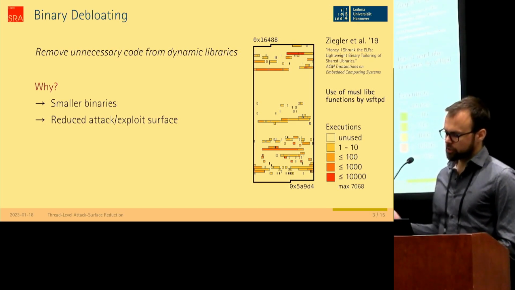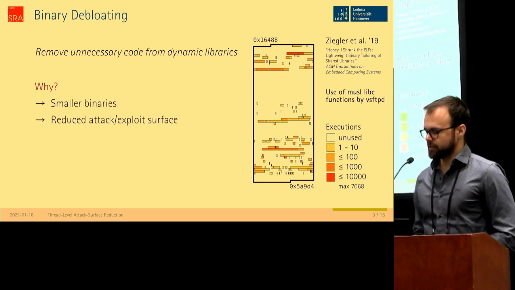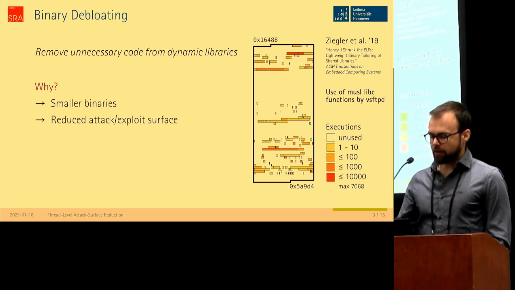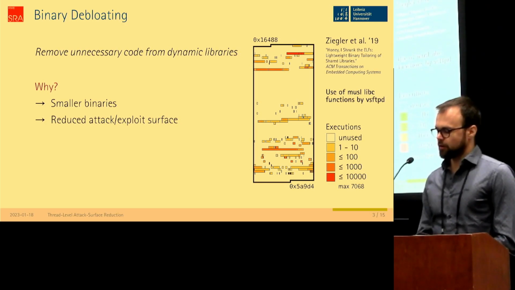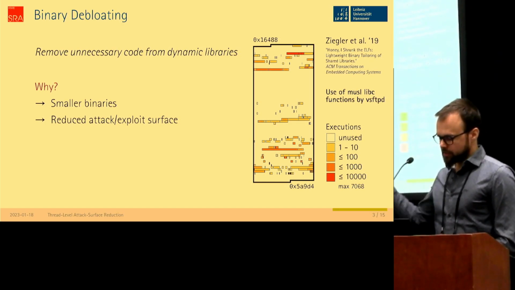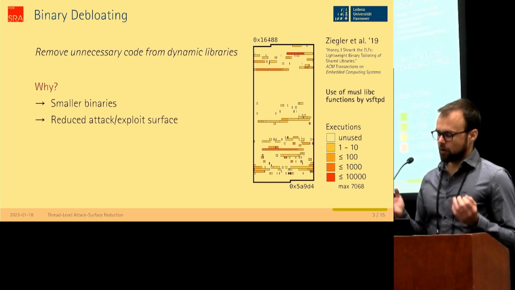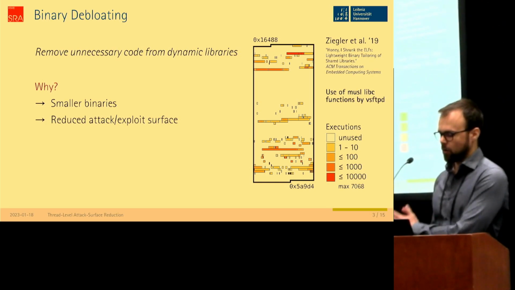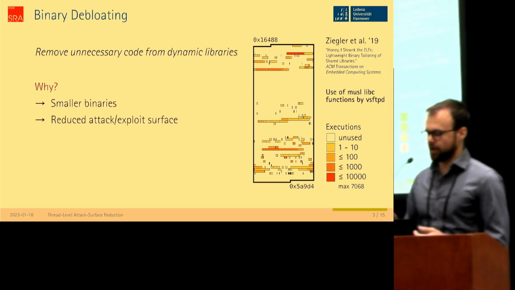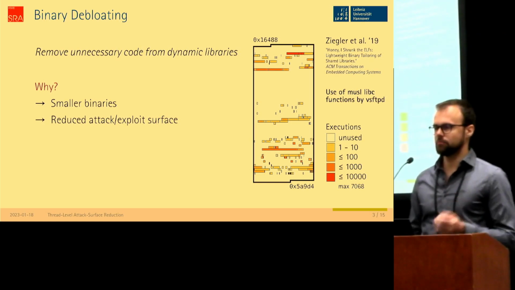These approaches originate from the desire to have smaller binaries, especially in embedded systems, but also have been proposed to reduce the code available for attacks. On the right, we see an example, a state-of-the-art static debloating approach, and we see that only a fraction of the libc code is actually needed by a vsFTP server, so the white parts can be removed.